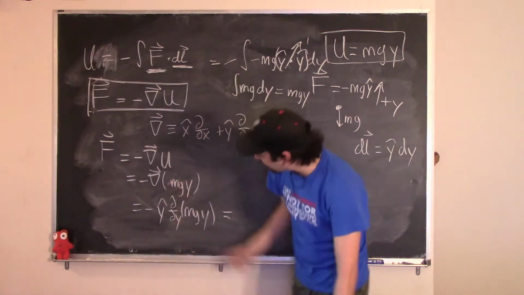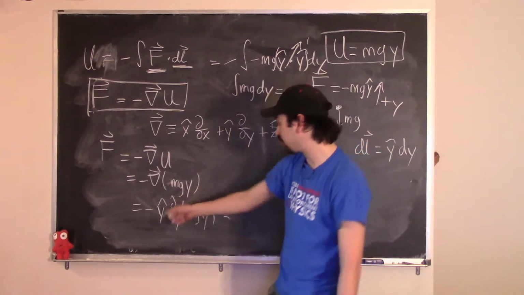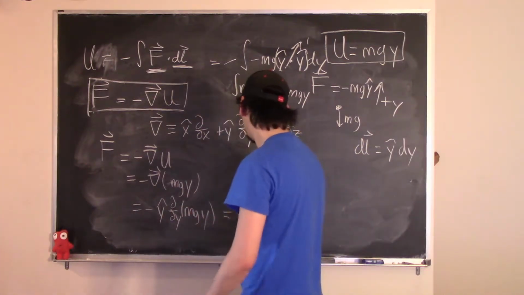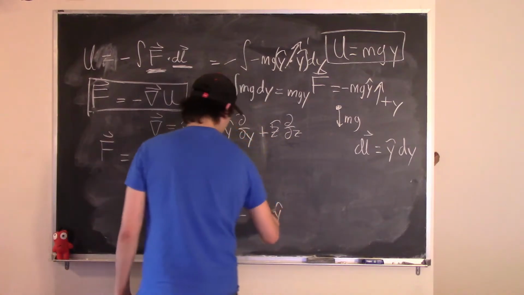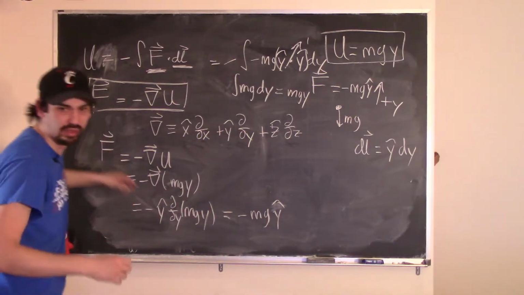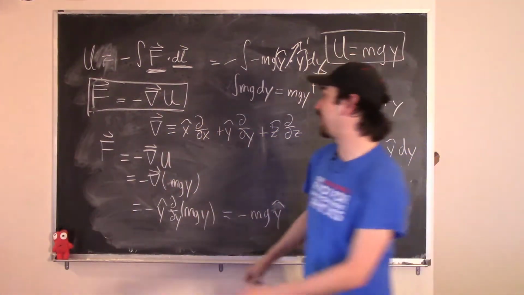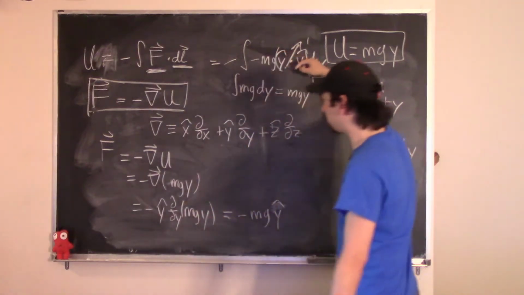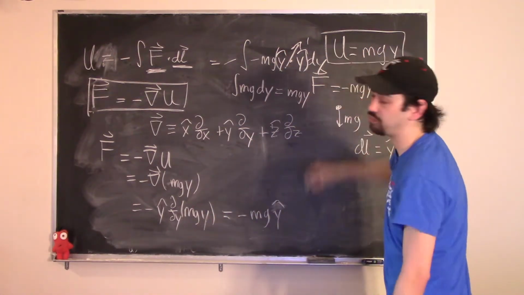And any of us can take the derivative of just y with respect to y. That's just going to be 1. And so this gives me minus mg y hat. Okay. So this is how, and let me know if that doesn't quite answer your question, but this is how I can go from the force to the potential energy function, and from the potential energy function back to the force.